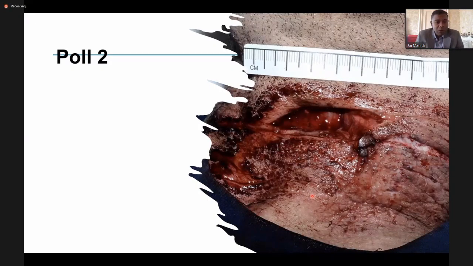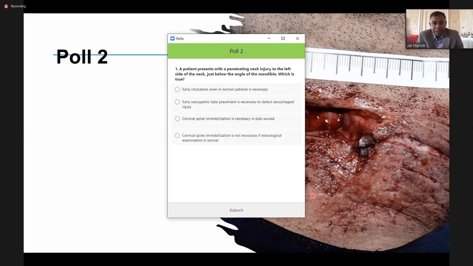So let's launch poll 2. A patient presents with a penetrating neck injury to the left side of the neck, just below the angle of the mandible. Which is true: early intubation, early nasogastric tube insertion, or C-spine immobilization is not necessary?